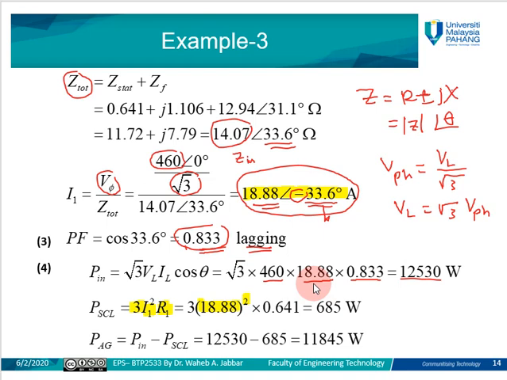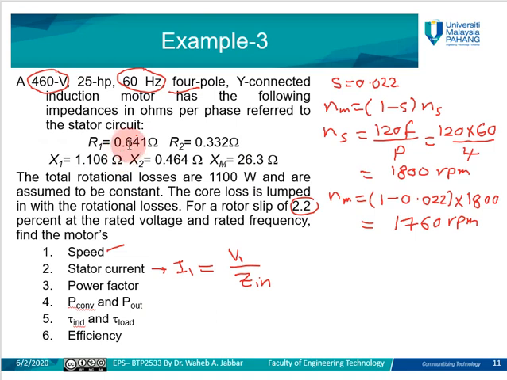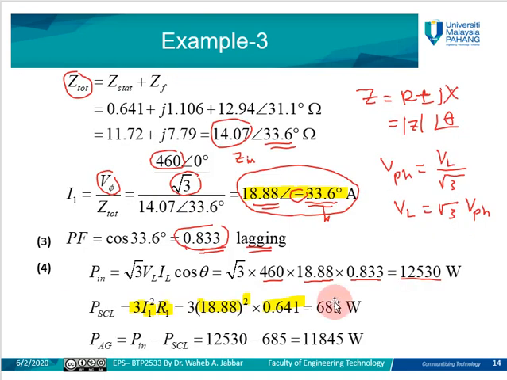We have the current value, and we have the value of R1, which is 0.641, as we can see here in the question. So just substitute here, and the stator losses is 685. Okay, this is in watt.